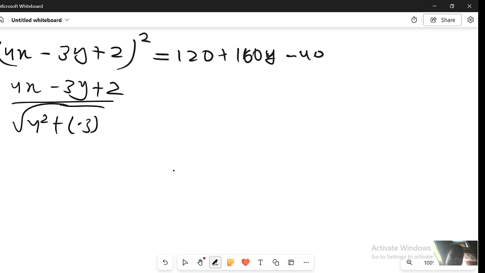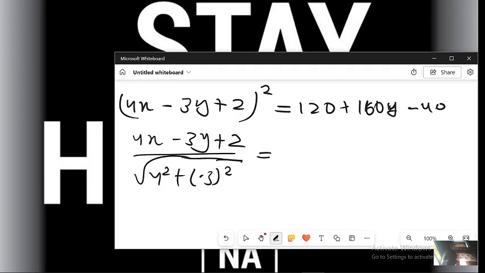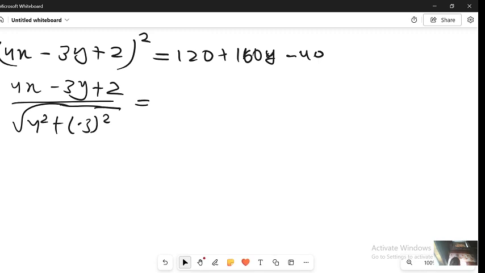Now this one, if I multiply this one, I will have 14 here. This one is going to be multiplied by 25. I have 14 multiplied by 13x minus this one, 4y minus 1.